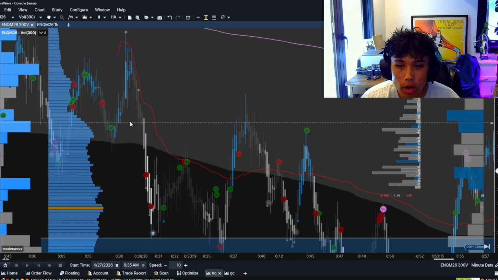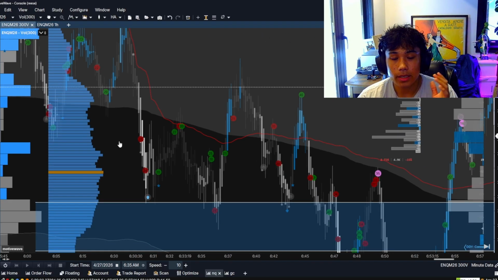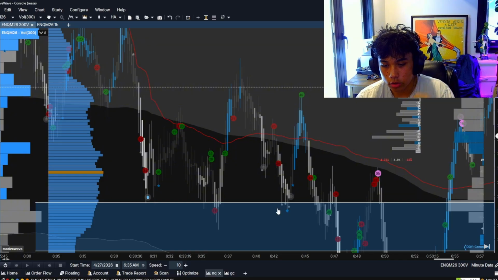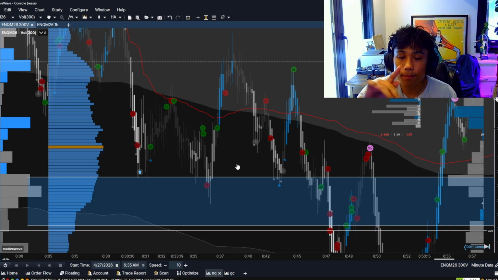And what am I looking for? I'm looking for us to hit a higher positive delta node to continue to get absorbed at the top to push us lower. So once we enter this zone of my ledge of my volume profile, we're going to move in between these two ledges because that's where price is most likely going to go.